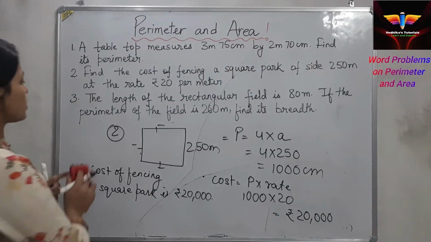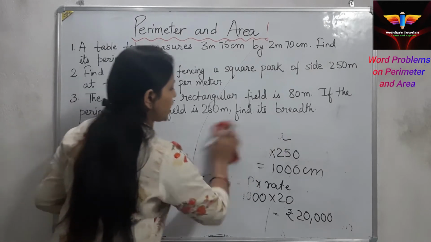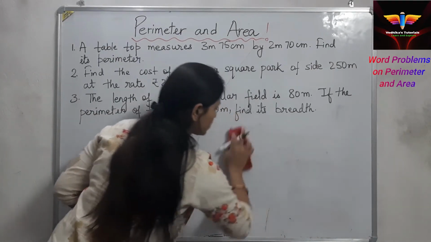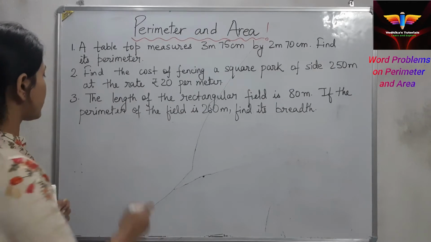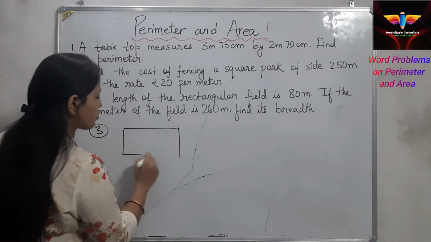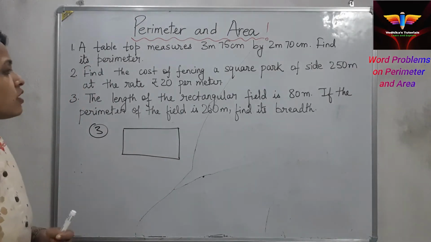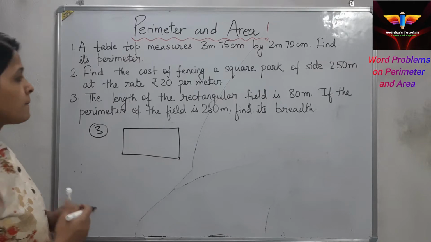Now let's see what is the third question. The third question is: the length of the rectangular field. Again the question is of a rectangle, so we have to draw a rectangle. By drawing the figure it is easy for us to solve the question. The length of the rectangular field is 80 meter.